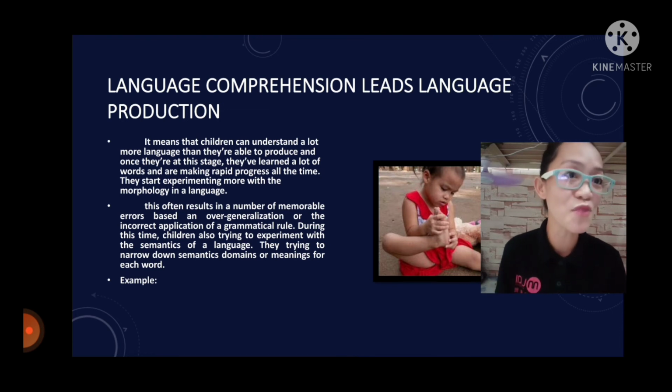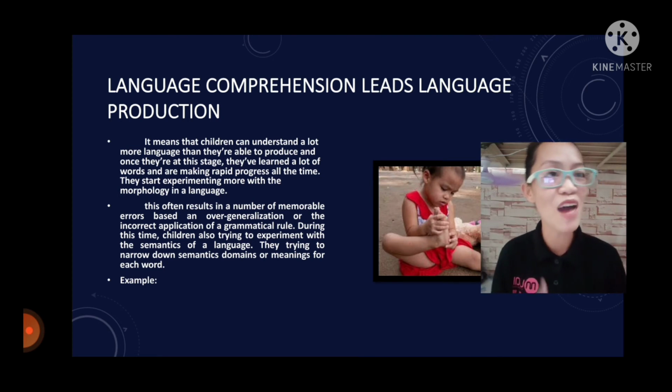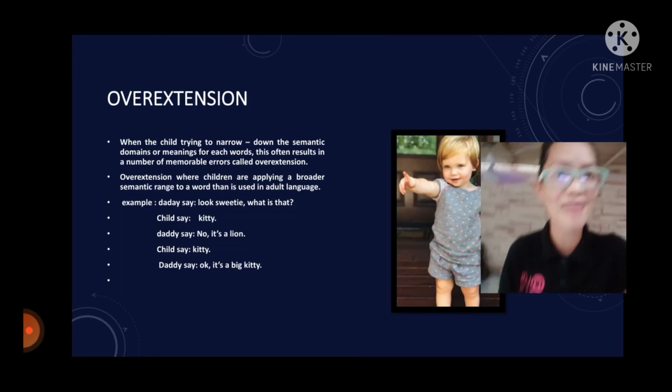What happened to your feet? Then the child will say, not feet, foot. That is how the child experiments with rules and tries to narrow down the semantic domains and the meaning of words, as well as overextension.